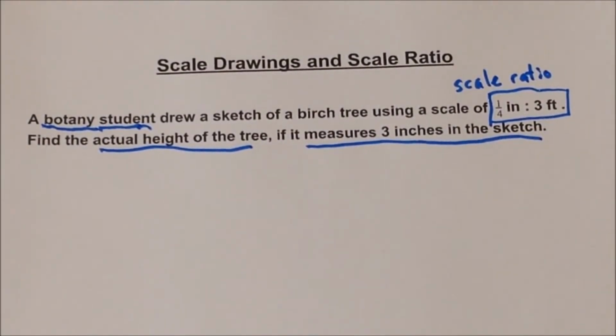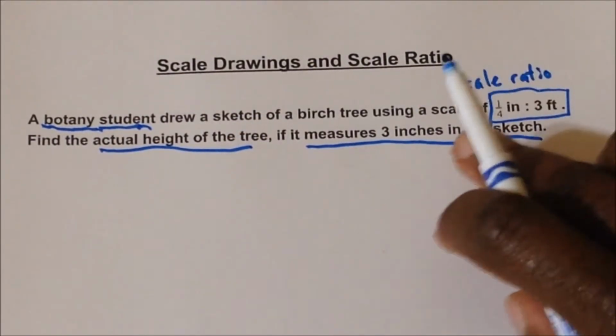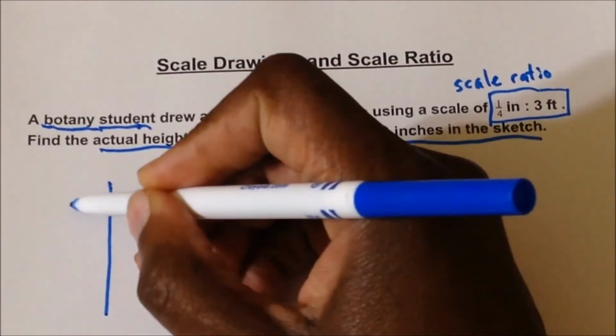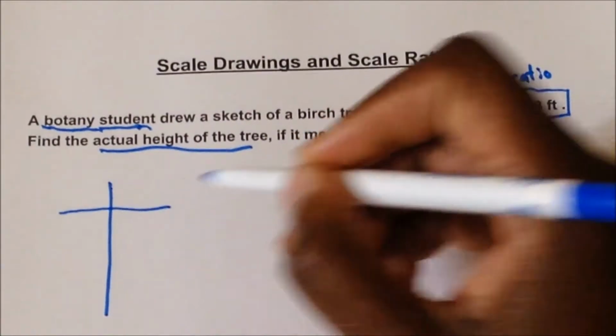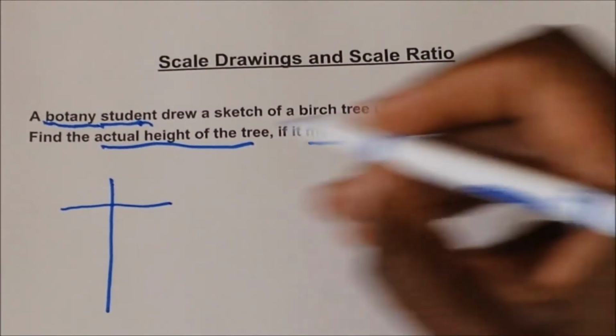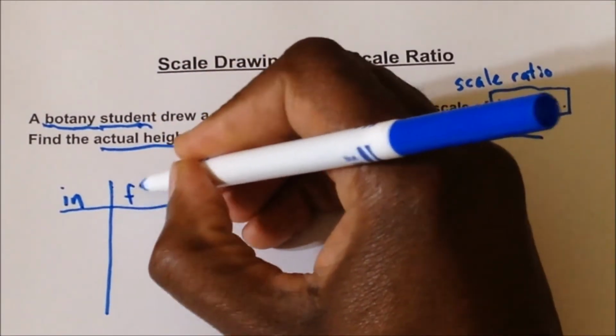Okay, so let's do this. Before we start anything, because it's going to be a ratio and proportional, we are going to make a table. In this table, we're showing that the two quantities are inches and feet.